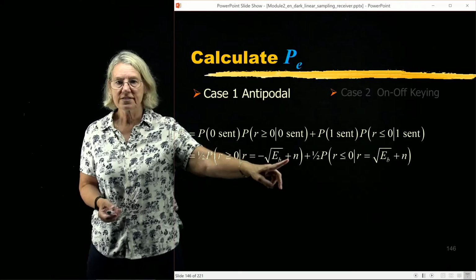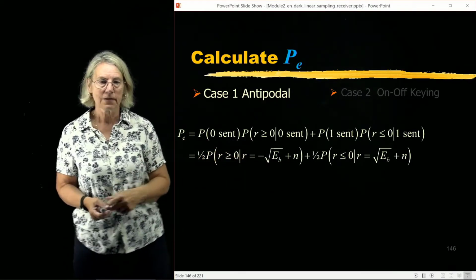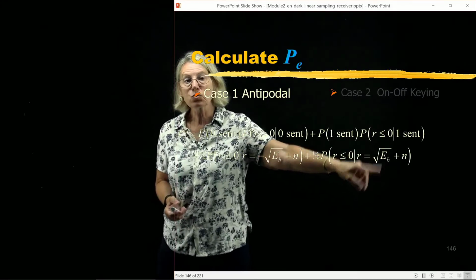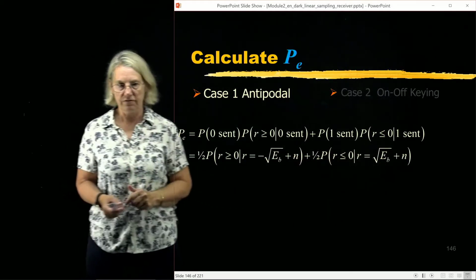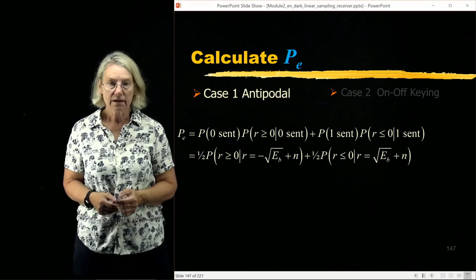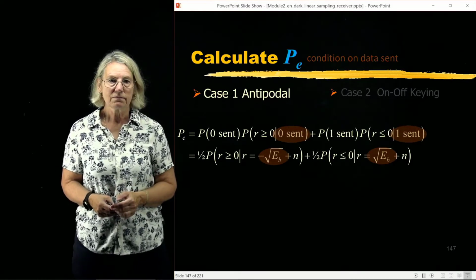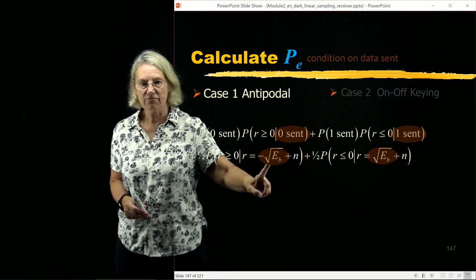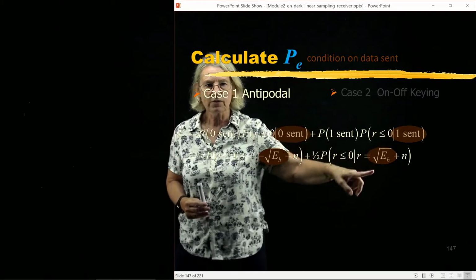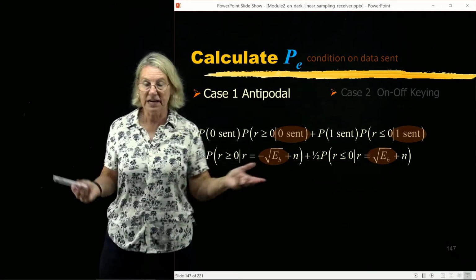But of course, noise is added before I get to r. Now on the second type of error, r is actually equal to plus the square root of EB, which was sent. So in both of these cases, it's based on what was sent. I've replaced the s with what was sent. So here I know 1 was sent, so r equals s plus n, but I know what s is.